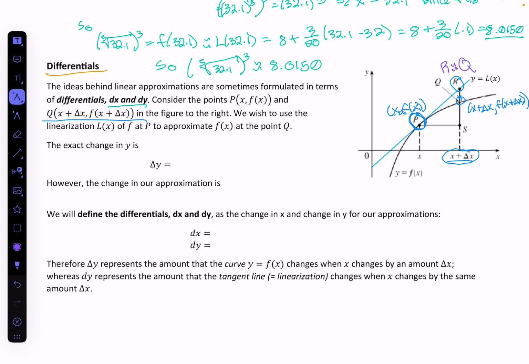Now, in the figure, this might look like a pretty good distance between, but we also may have just zoomed in a lot on the figure in order to get that large distance.